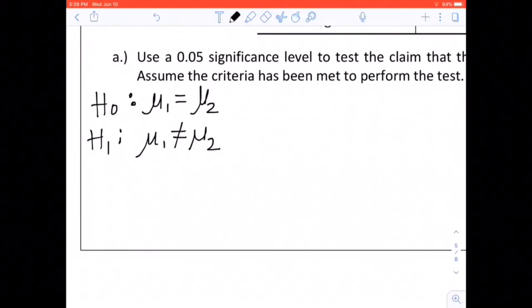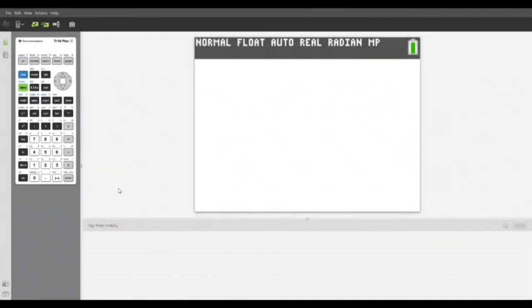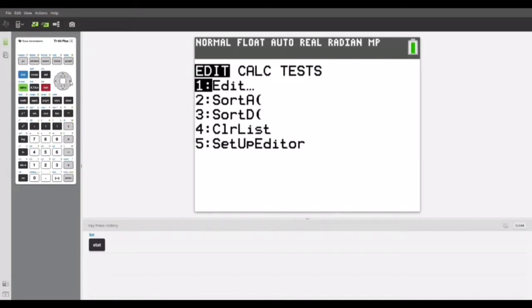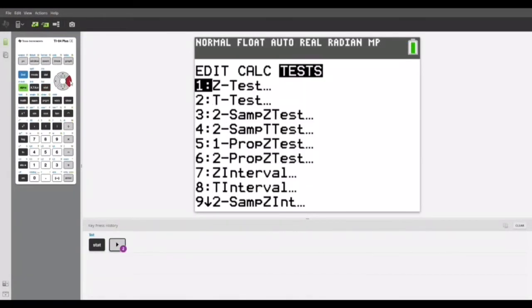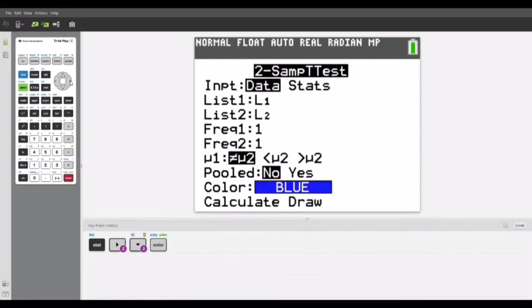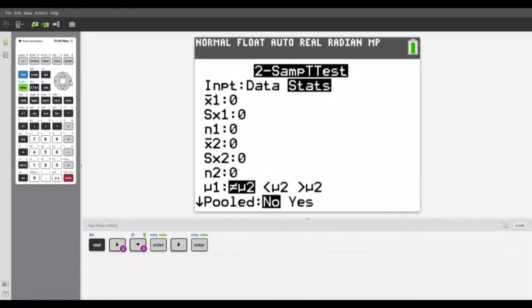So we need to use our calculator. On your calculator, you are going to go to Stat, to Test, down to 2SampTTest. And we are dealing with statistics, so we're going to go over to Stats. And we're going to put in all of our information.